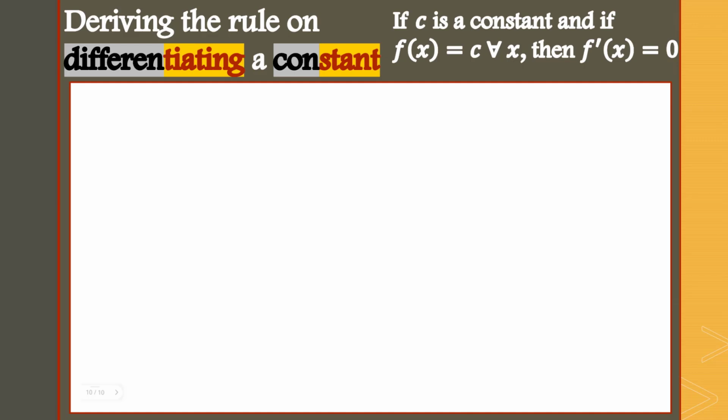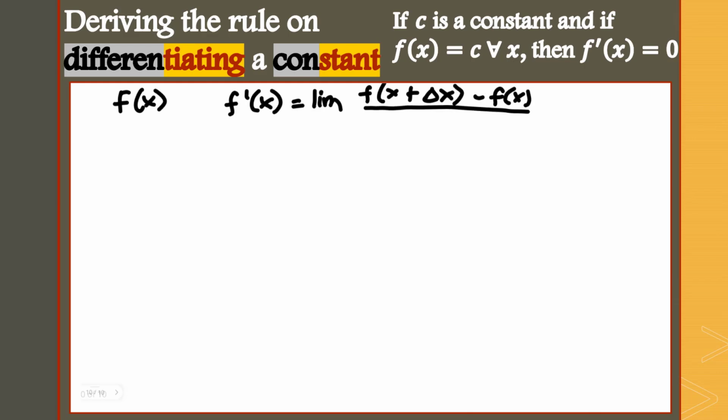Take note that for any f of x, its first derivative is equal to this definition: the limit of f of x plus increment of x minus f of x, all over increment of x, as the increment of x gets closer to 0.